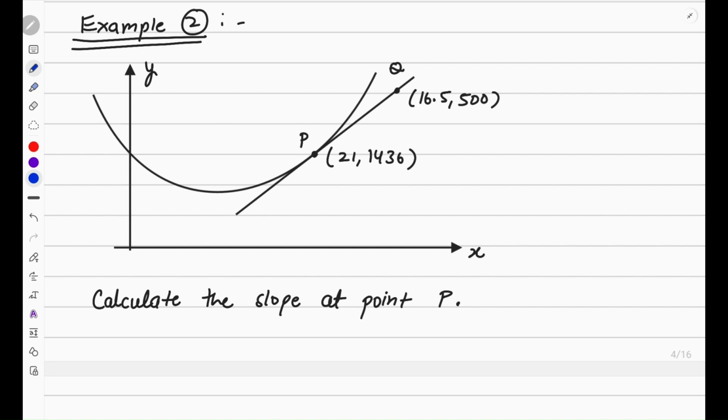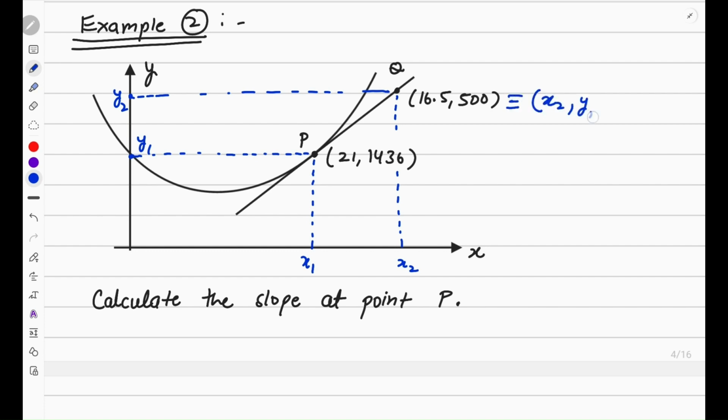So how can we do that? If you look at the question, we are given two points, P and Q, and with respect to P and Q, we have the values of x and y. So x1, x2 we have, y1, y2 we have. This represents x2, y2, and this represents x1, y1. So how can we calculate the slope?